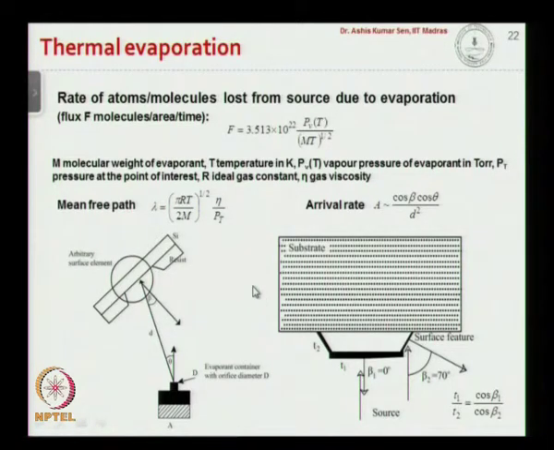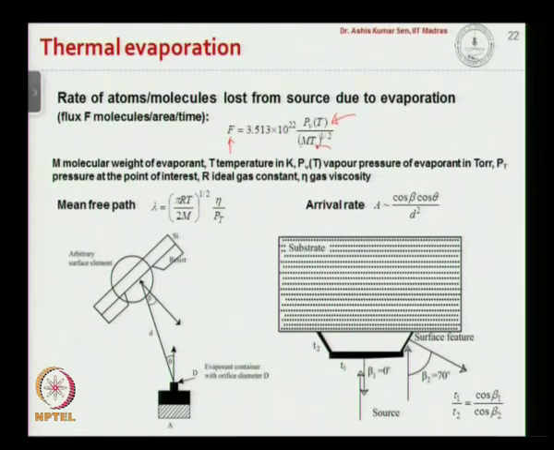If you look at thermal evaporation, when we look at how the process works, the rate at which the atoms or molecules are lost from the metal source due to evaporation, the flux F, is represented in this way. It is dependent on the vapor pressure of the evaporant, P_v, and also on the temperature.